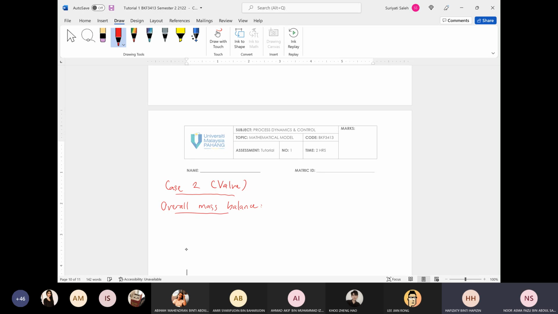The overall mass balance should have the following form: A dH dt equal to Qi minus Q. So this is the overall mass balance for the valve.